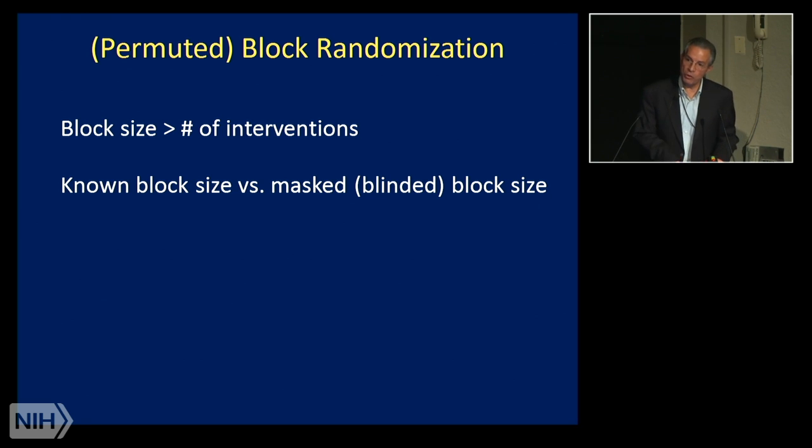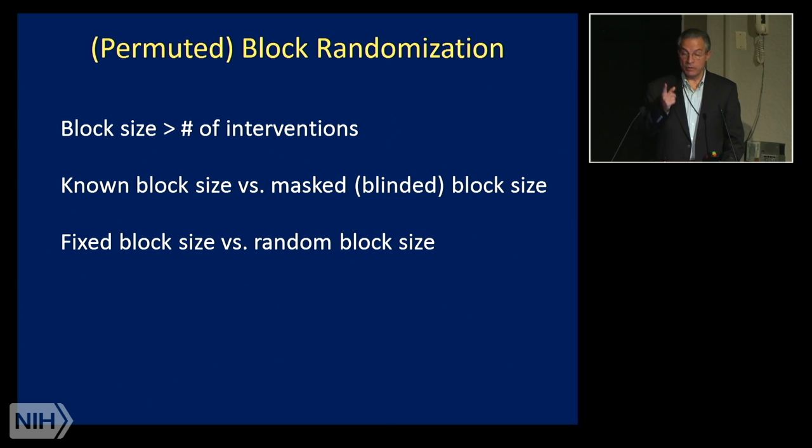Because if you know the block size is 4 and we already have 1 A and 2 Bs, well, guess what the 4th one is? So you mask or blind as much as you can. Block size is better masked, unless it's completely impossible.